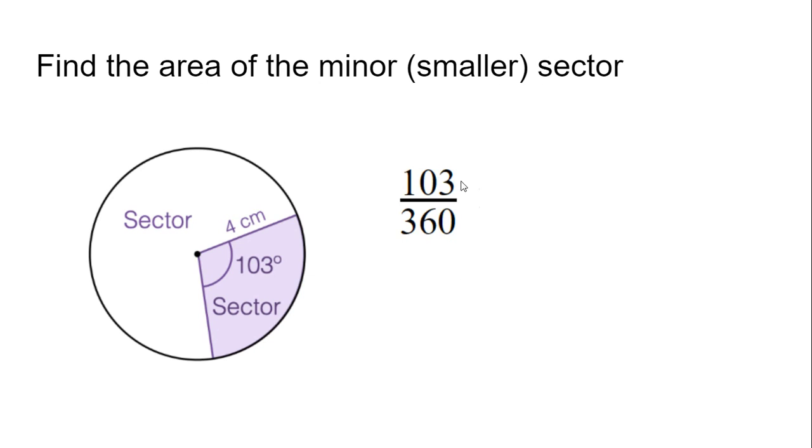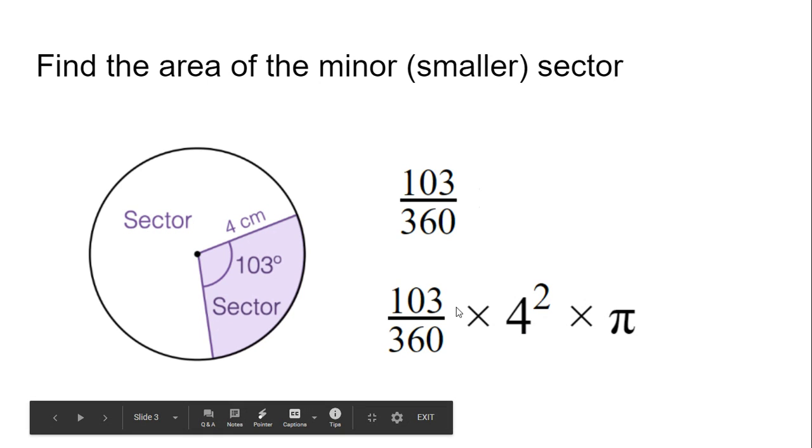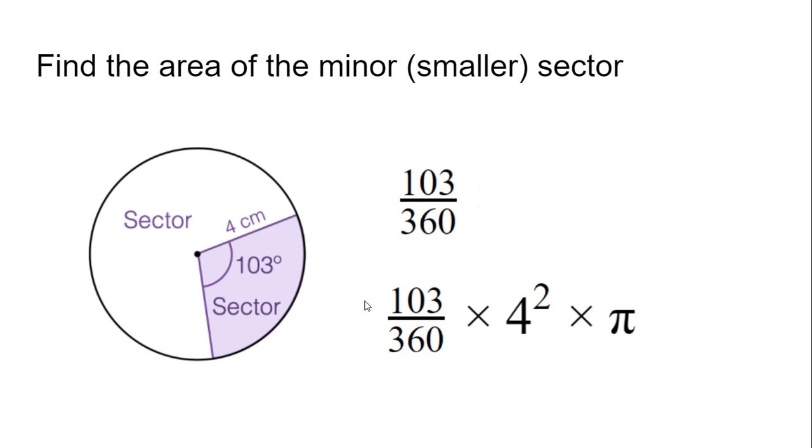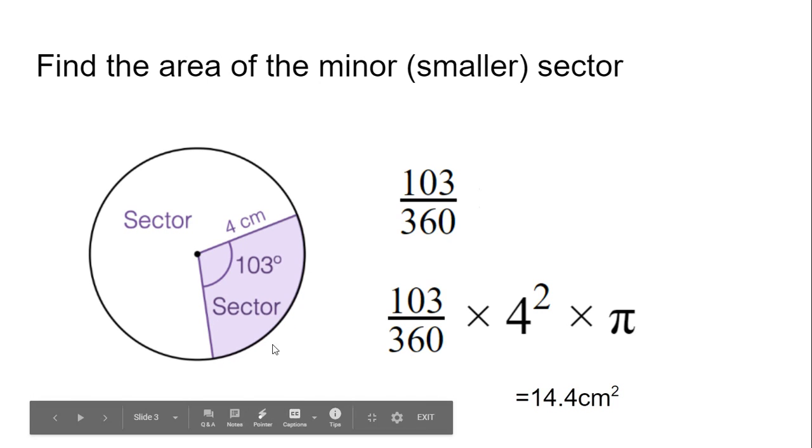You could simplify it, but you can just leave it like that. The whole circle would have an area of 4 squared times pi, and I just want this fraction. You type it all into your calculator, and you get an area of 14.4 centimeters squared for the smaller sector.